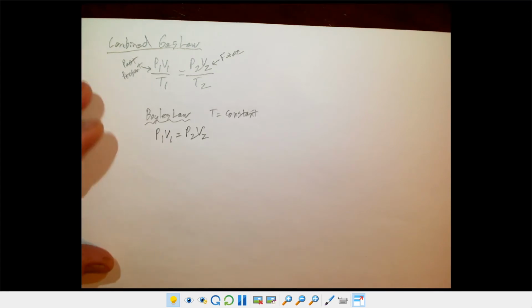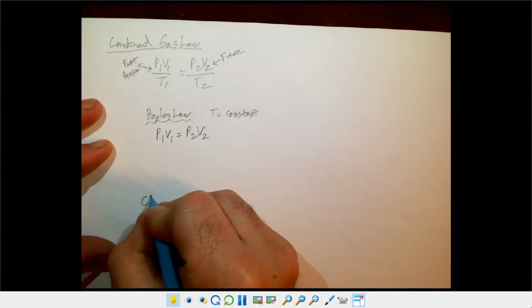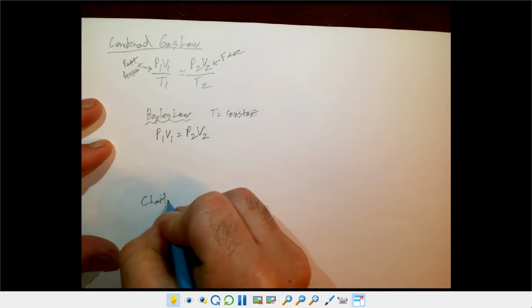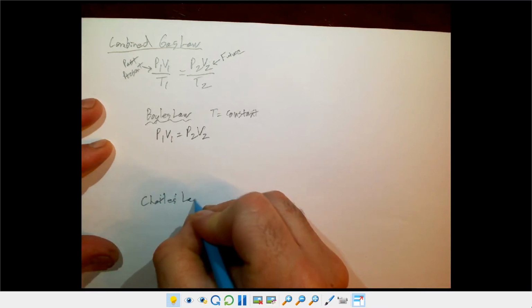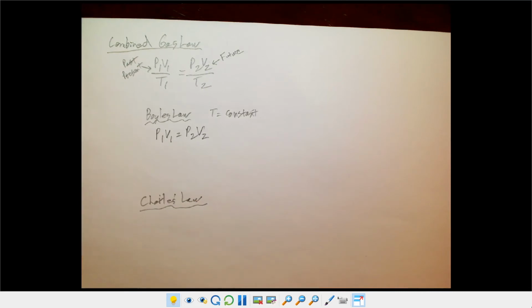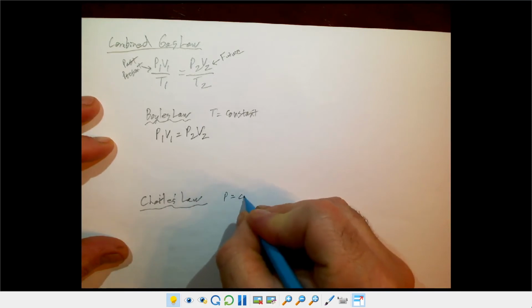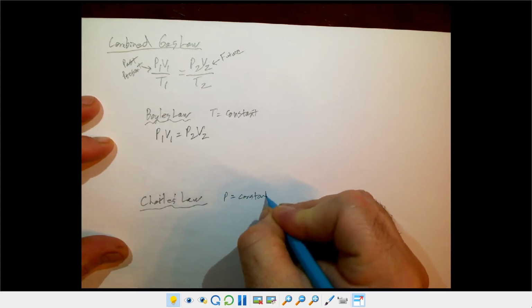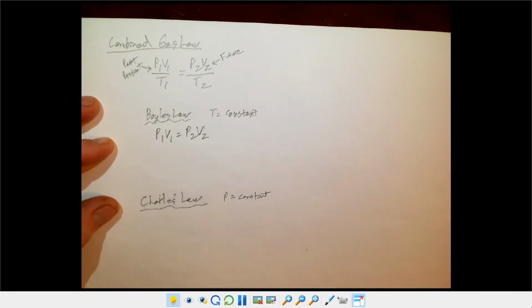Another one that you could have would be Charles's law. And in Charles's law, Charles did some experiments where he kept the pressure constant. And if you keep the pressure constant, then the P's will drop out of the expression.